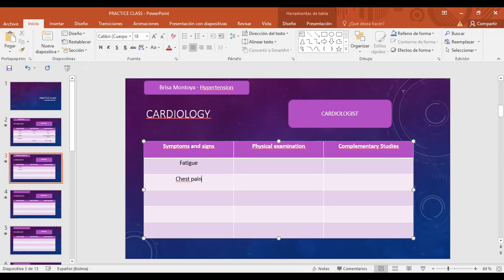Why would this person have chest pain? Because the blood pressure is too high, I think. Okay. Any other symptom or sign related to hypertension? The rhythm of the heart is irregular.